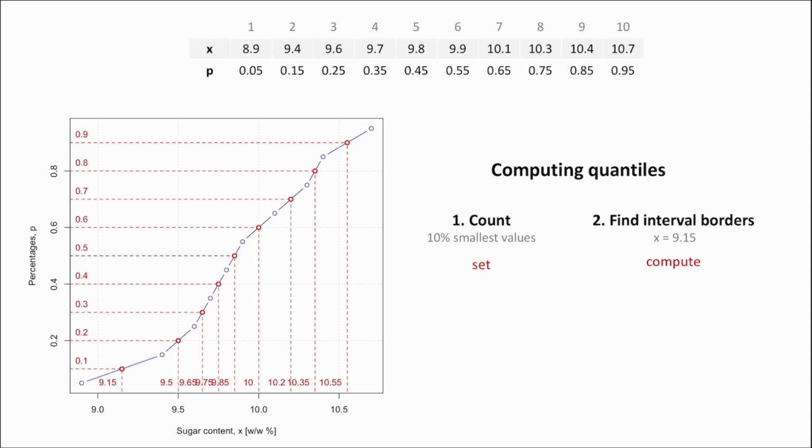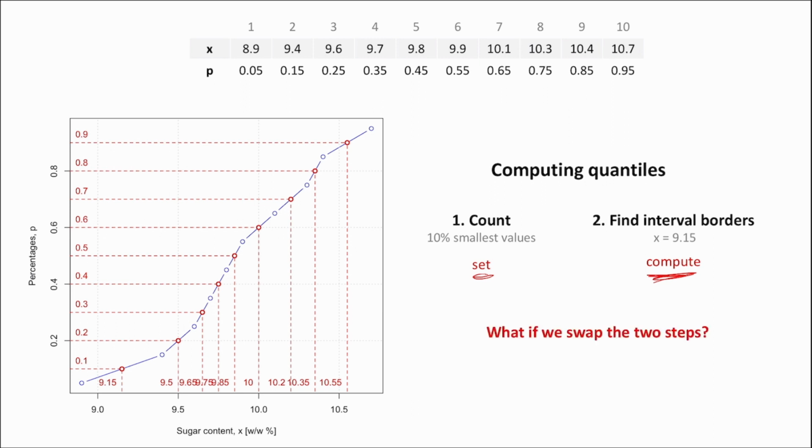First, we set the number of values, for example 10% of smallest values. By setting this, we compute the boundaries that correspond to it. So we set something in percentage, and then we compute something in the values representation.